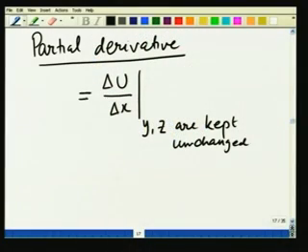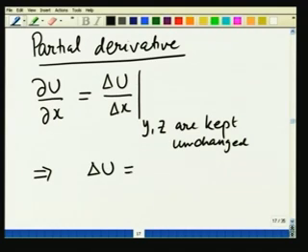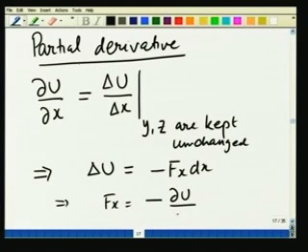And let me call this du dx, and you see then, from the definition, that delta u, if I move along the x axis, is going to be minus f x dx, which gives me f x as the partial derivative with respect to u, and it is understood y, z are constant. So, this is pretty much like one dimension, in that I am calculating the derivative of the potential energy.